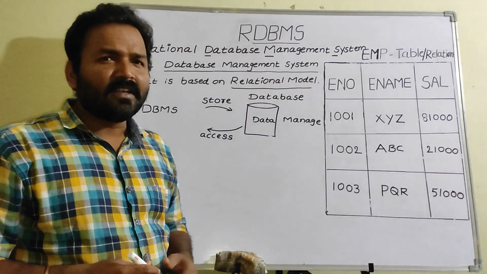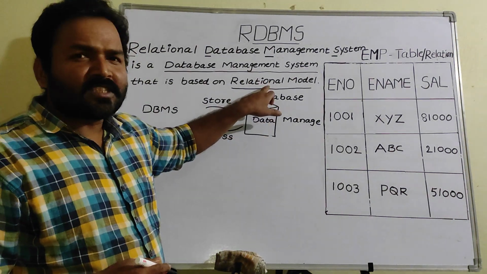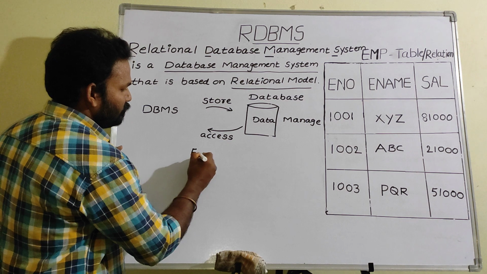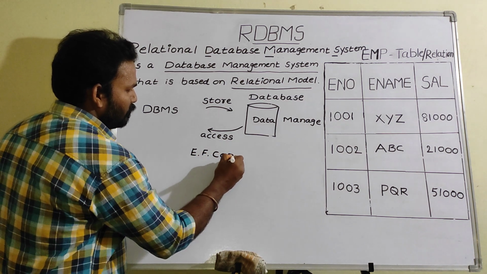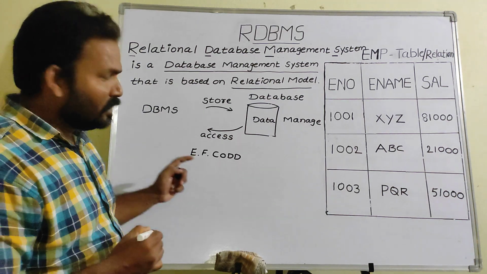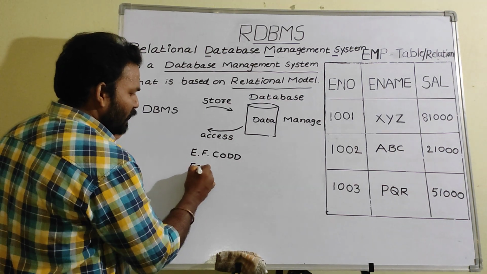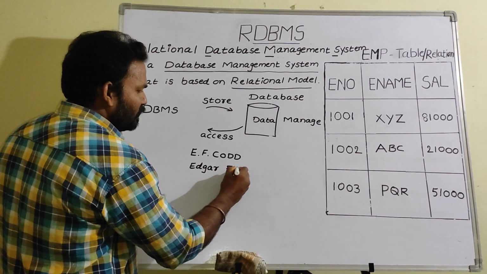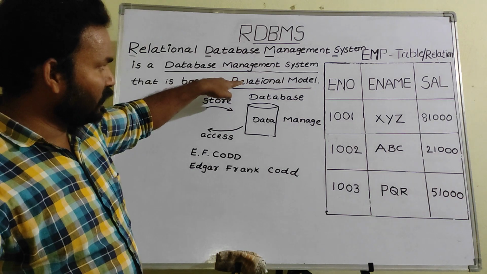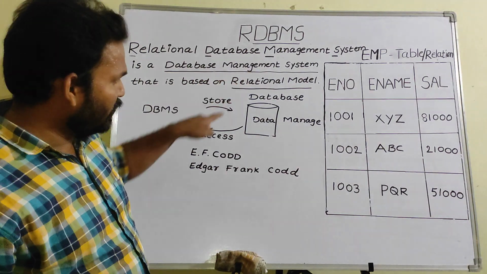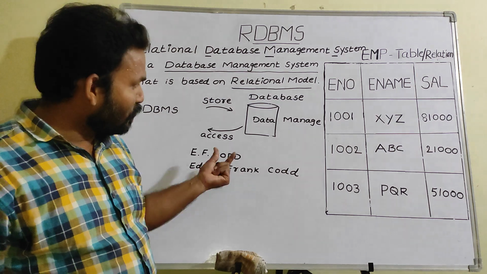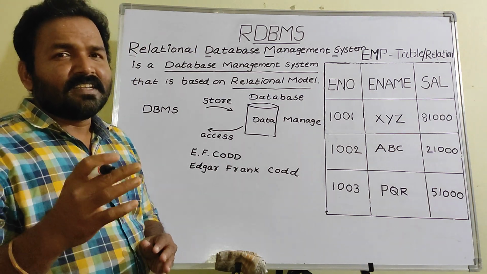What is relational model? The relational model was introduced by E.F. Codd. E.F., full form Edgar Frank Codd. Okay, the relational model was introduced by E.F. Codd, a scientist in IBM Corporation.